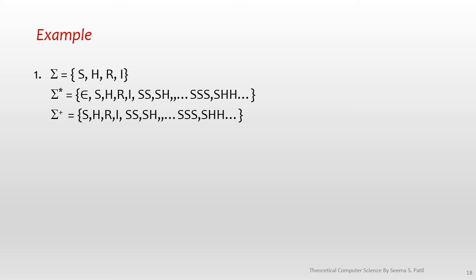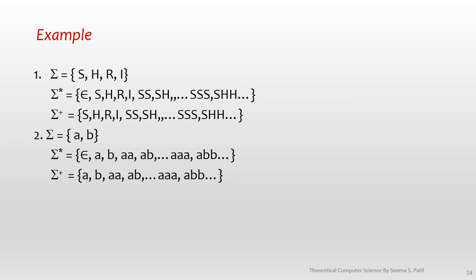Then write of length 2, that is SS, SH, dot, dot, dot. And having length 3, that is SSS, SHH, dot, dot, dot. Next is sigma plus. Only exclude epsilon from the sigma star. Remove the epsilon from the sigma star. Write the same set.